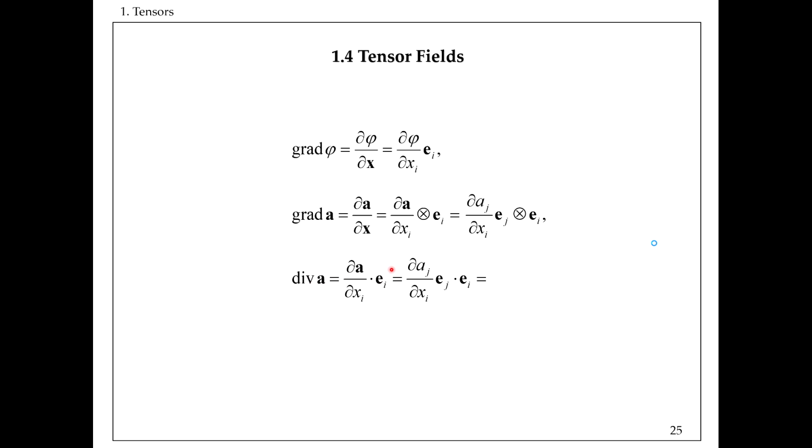That can be seen here: we have a vector here and a vector here, so there is a dot product, and that will be a scalar. This is important. Now we can write our vector A in our usual notation, A_j e_j.